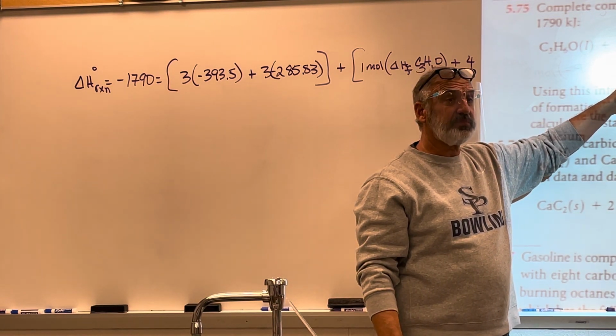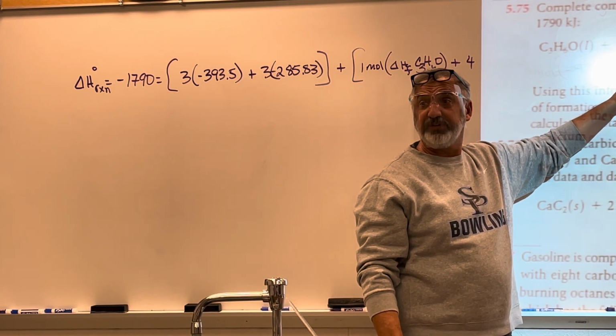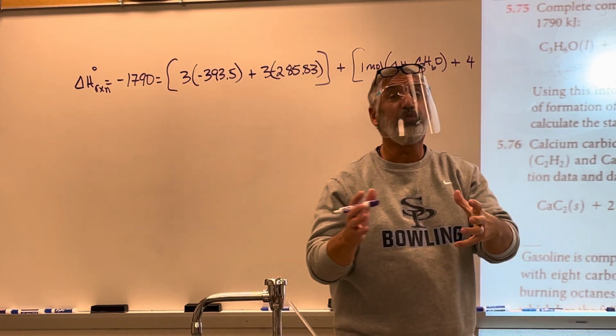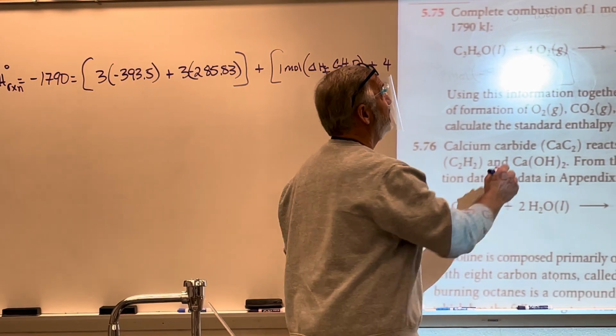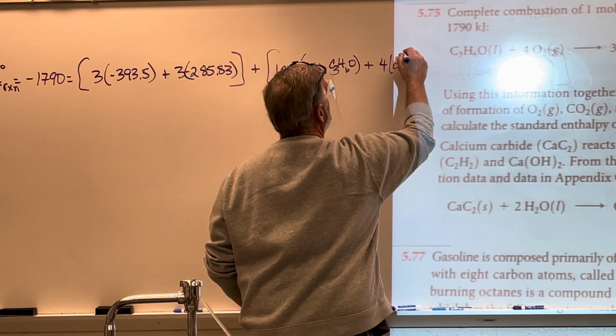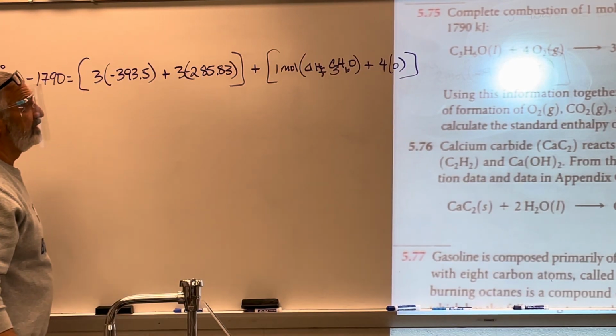Why? It's an element. The heat of formation of elements is always 0. You can't form an element, it's already made. So it's just going to be 4 times 0.